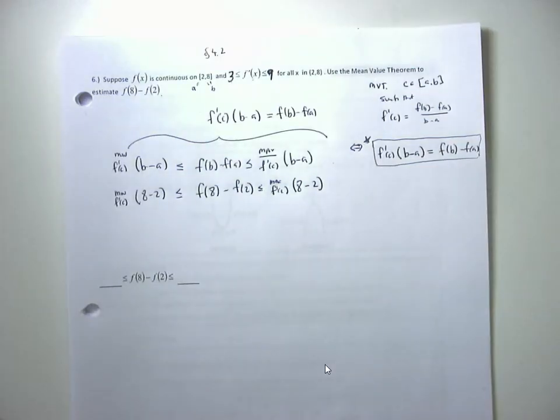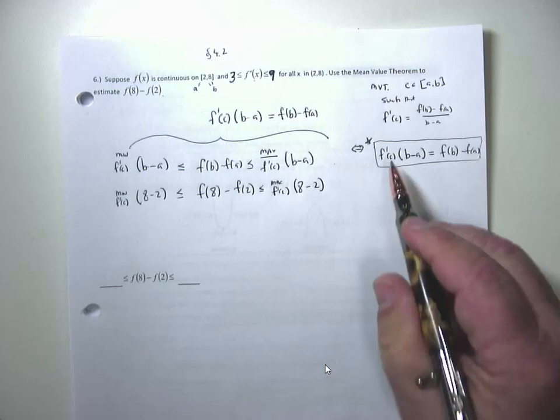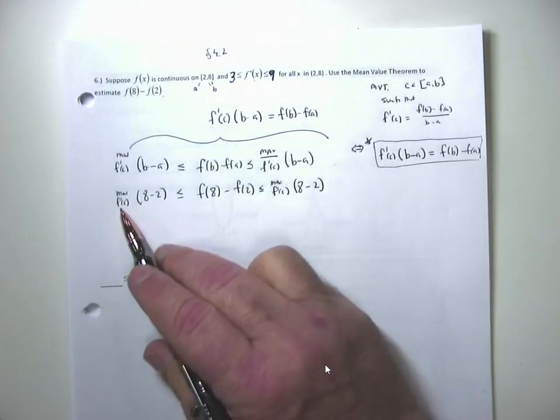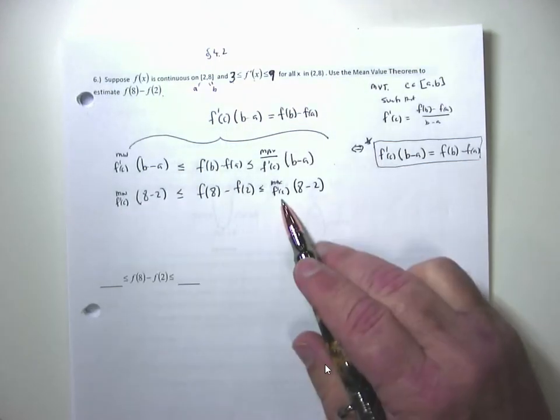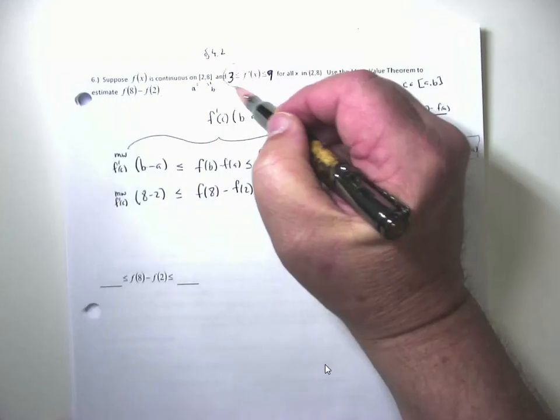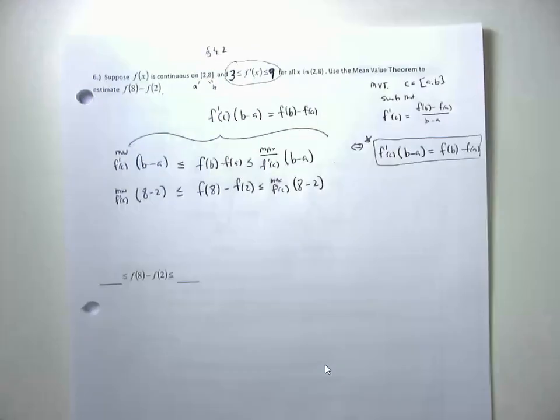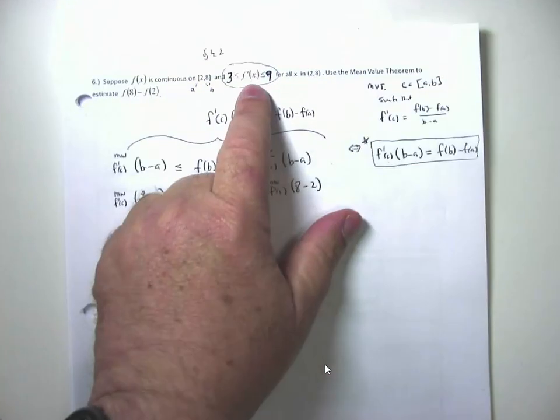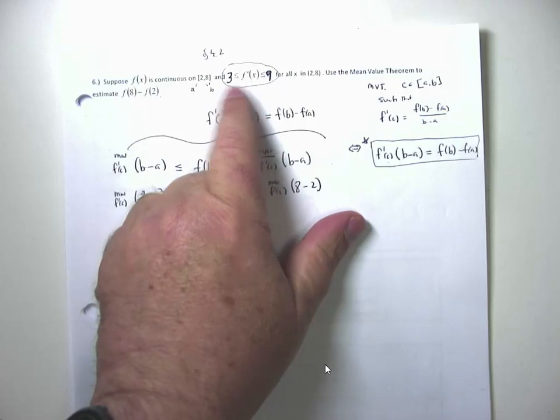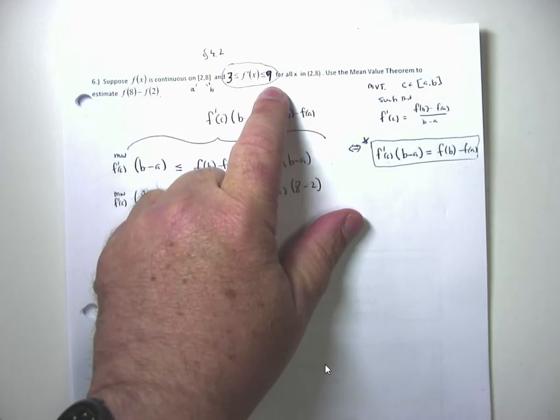All I did was replace that f prime of c with the small value of f prime of c and the big value of f prime of c. You see, they gave me some information about the derivative in this problem. The derivative is between, and I changed the numbers, between 3 and 9. The minimum value of your derivative is 3. The maximum value of your derivative is 9.